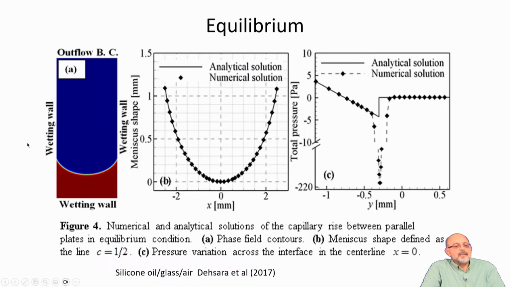Okay, so let's test our model, and let's first try equilibrium. This is useful because here you will see the meaning of the surface stress tensor, at least the volumetric part of it. So, two vertical wetting walls, a two-dimensional problem. Some liquid down here, some gas up here, right?